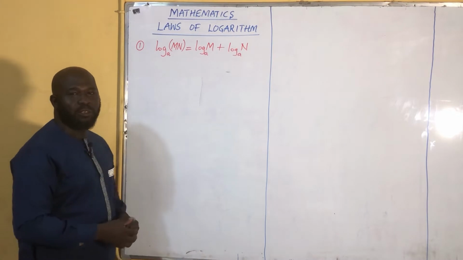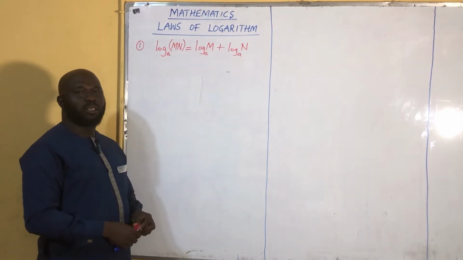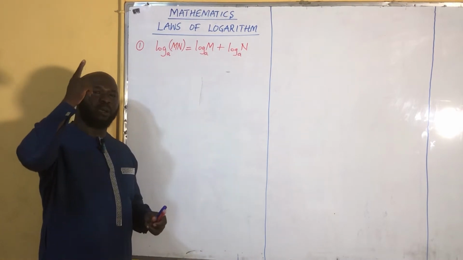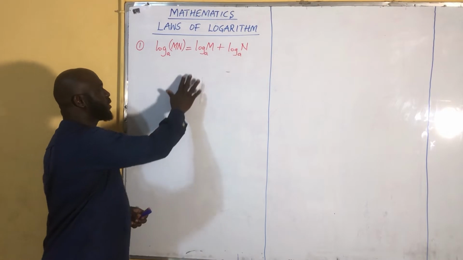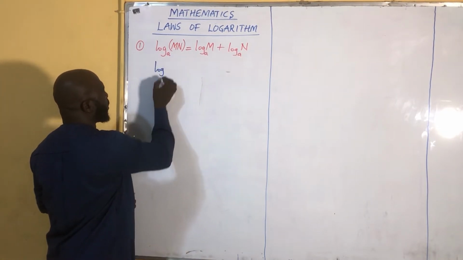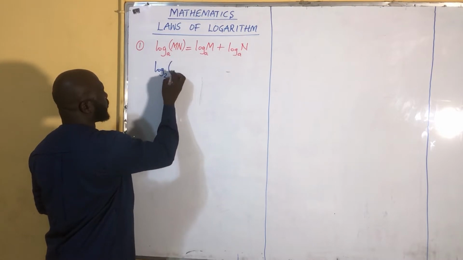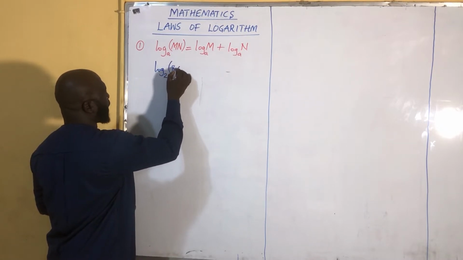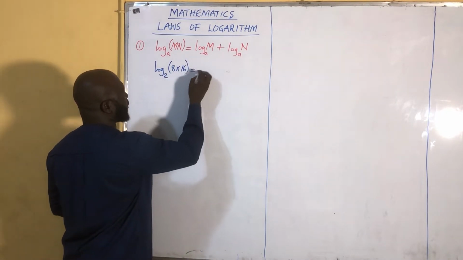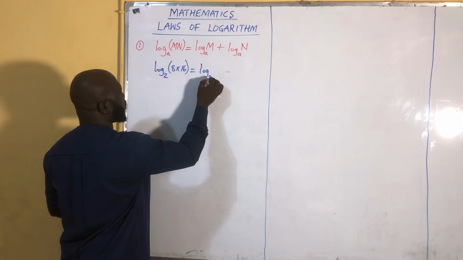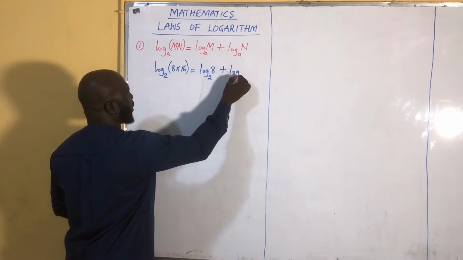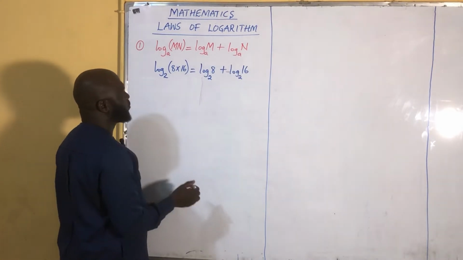Don't forget that if you are expanding indices, that is having multiplication, you also add the powers together. So the same thing is applicable here. For example, if you are given logarithm in base 2 of 8 times 16, this can be expanded to logarithm in base 2 of 8 plus logarithm in base 2 of 16.